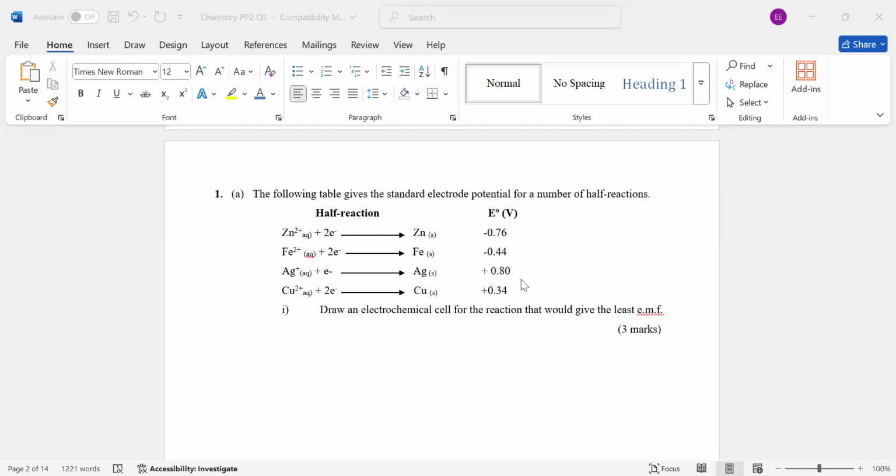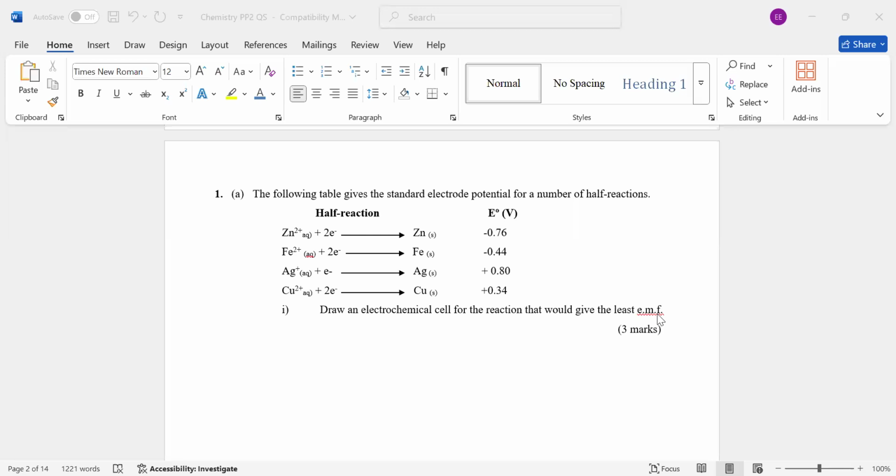Now, let us look at what we need. For example, when I asked about the one that will give the highest EMF, we're looking at the one that is the most electropositive and the one that is the most electronegative. In this particular case, we want the one that will give the least EMF. Look at two of these electrochemical cells that have been given, which their E values are close to each other.